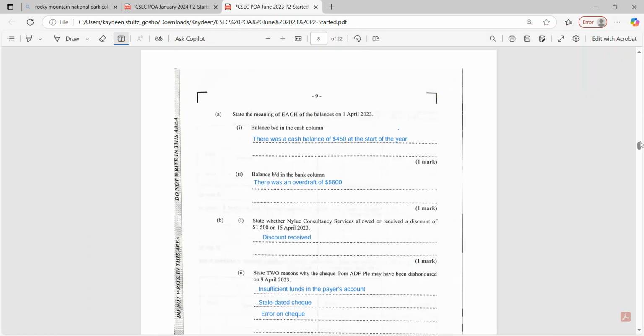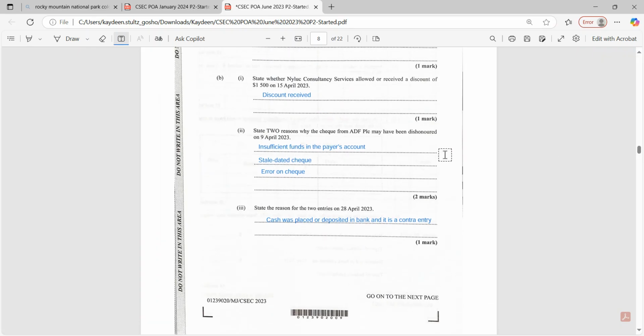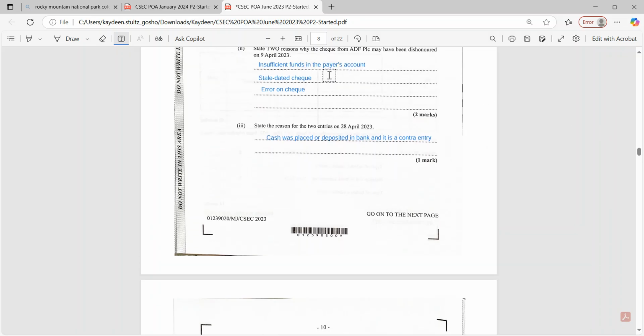Now, reasons for a dishonored check would include a stale dated check. So the date on the check was too far back, maybe past a year or 6 months. Error on the check, so maybe the recipient's name or the business name was not spelled properly, or insufficient funds in the payer's account. So maybe we didn't have enough money at that date.